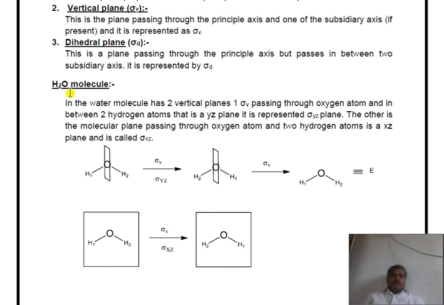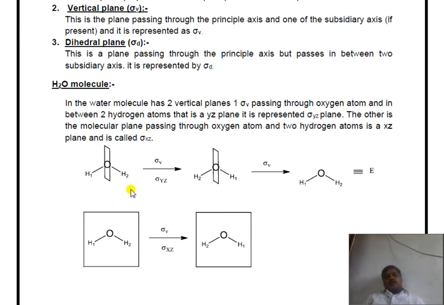If we see the water molecule, it is a planar molecule, so there is a plane of symmetry like this. To mention whether it is a horizontal or vertical plane, we must study the principal axis.